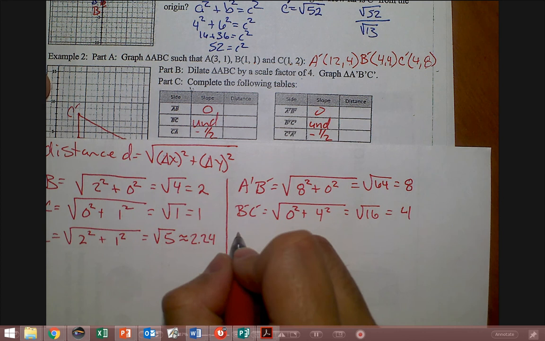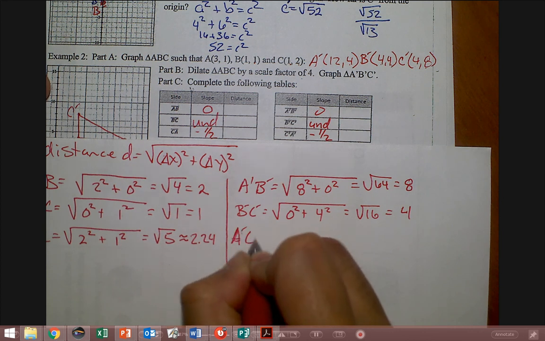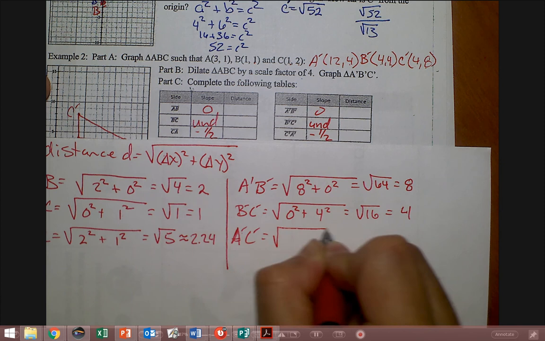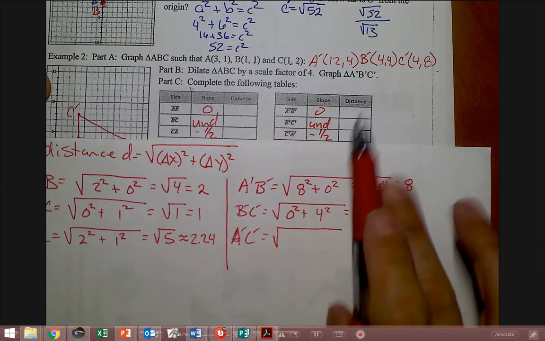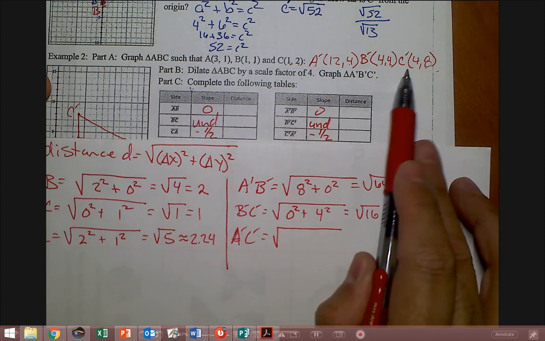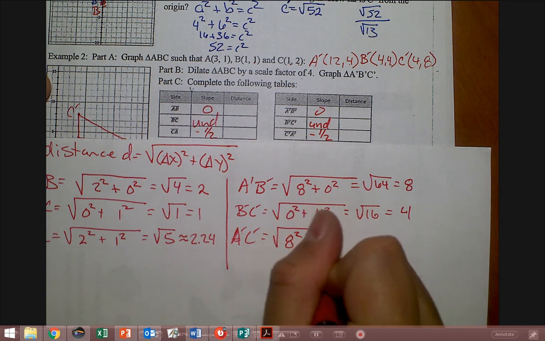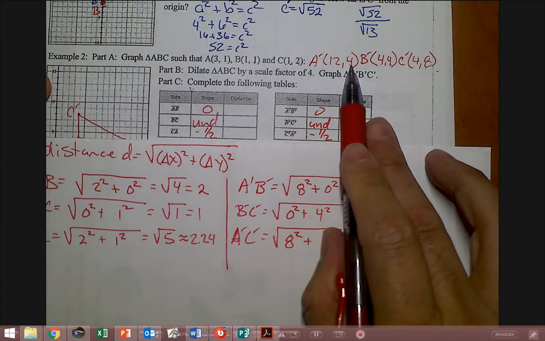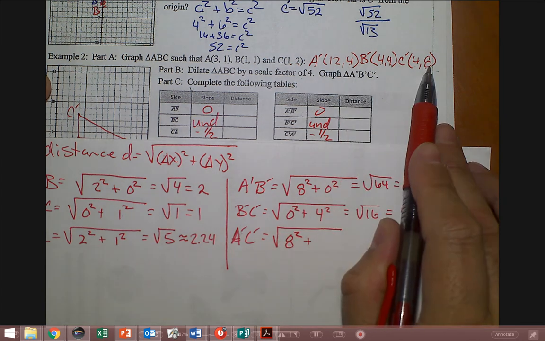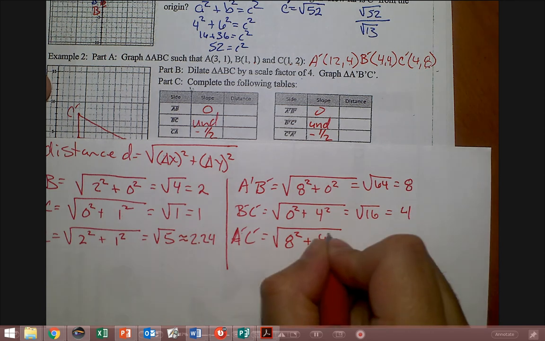Now my last one is going to be A prime, C prime. So AC. So how far is 12 away from 4? 8. Very good. Squared plus how far is 4 away from 8? 4.